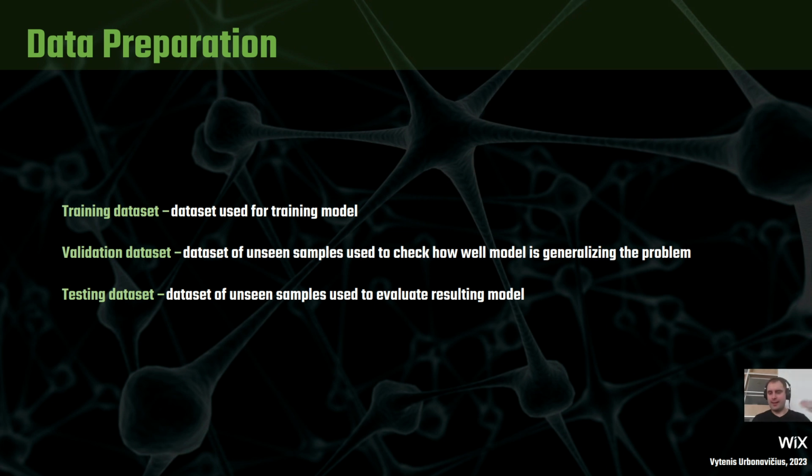We call it a testing data set, and it's used solely to evaluate the final results. So these are the 3 parts which we need to proceed with the training. At this point, we already have our inputs, we already have our data, and we can proceed with the training itself.